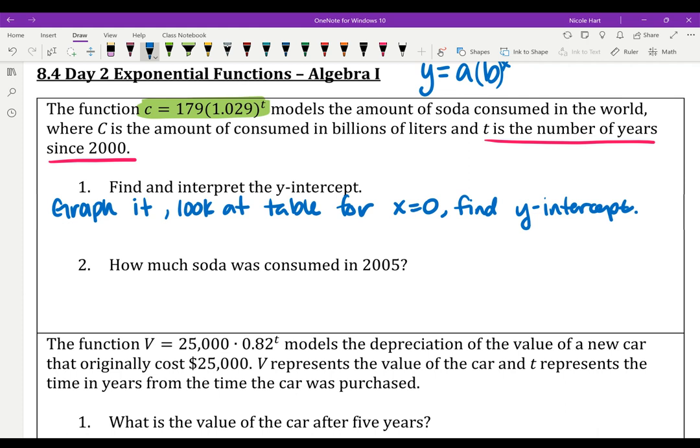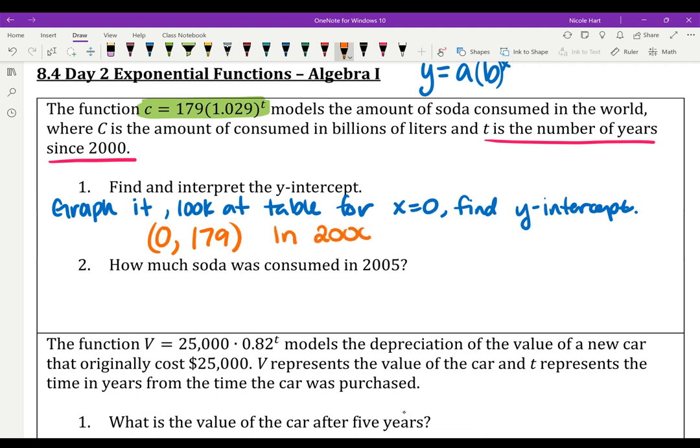So when we put this into our calculator and look at the table, when x is equal to 0, y is equal to 179. So our y-intercept is 179, which means no time has passed. So it is the year 2000.